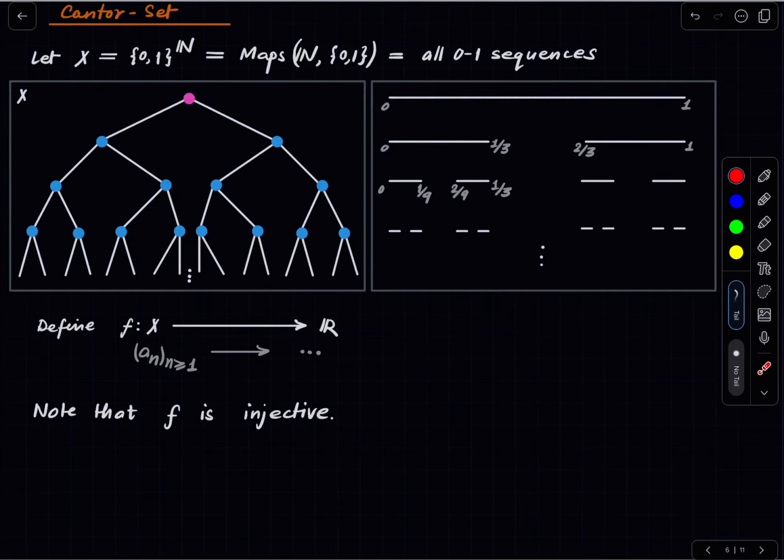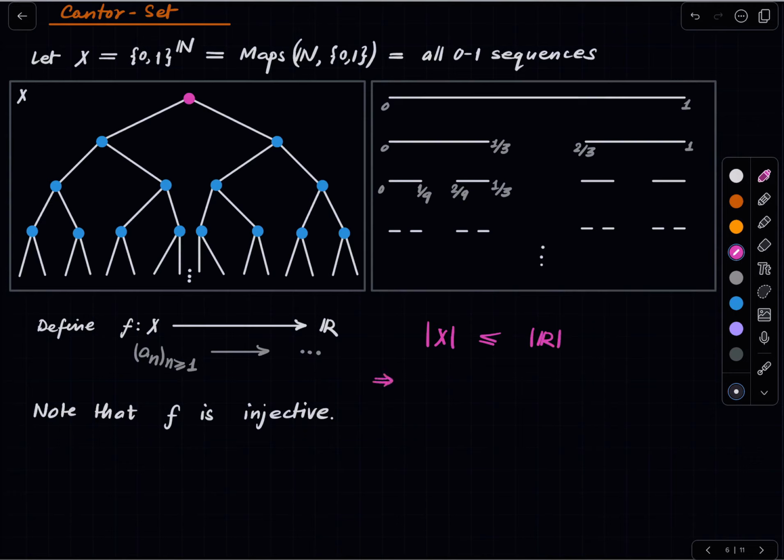Again, I'm not trying to write down a formal proof, but I hope you can fill in the details if you really want to. So F is injective, and this discussion shows that the cardinality of X is at most the cardinality of R, which means that there is an injection from X to R. But what is the cardinality of X?